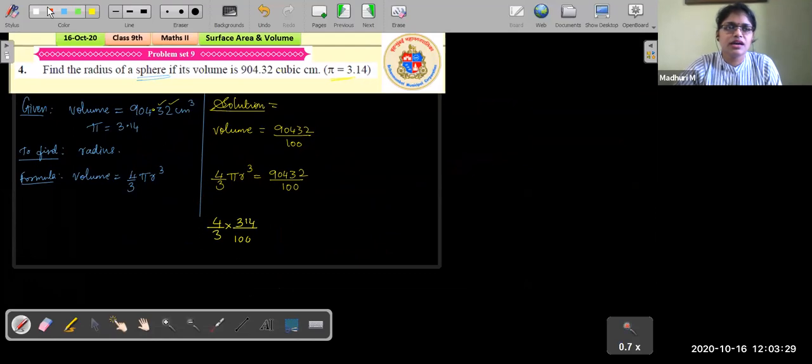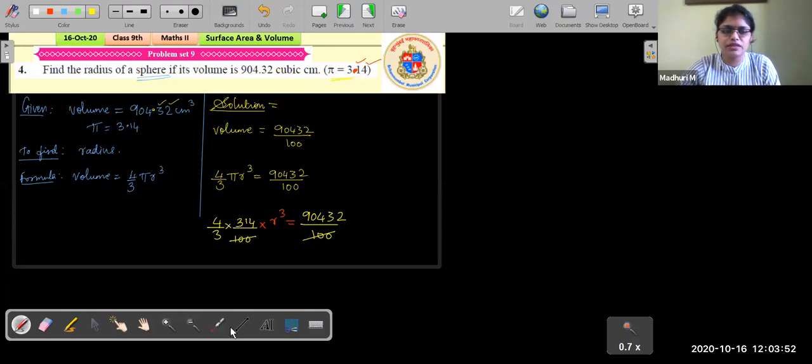You see, after this decimal point in 3.14, there are how many digits? There are 2 digits, and that's why we are dividing by 100, times r cube, which is equal to 90432 divided by 100. Clearly, this 100 and this 100 get crossed out.